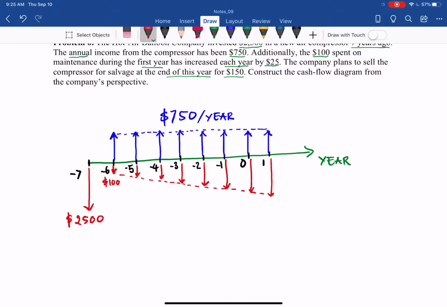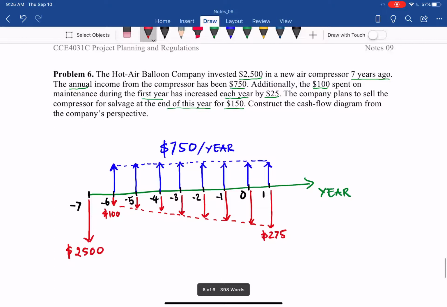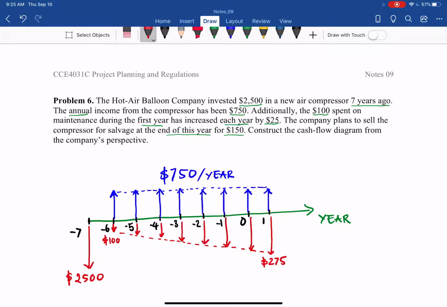That 275 is the maintenance spent for the current year, realized at the end of that year. And then they plan to sell at the end of this year. The salvage value is 150, so we have an extra amount here, 150 for the salvage value at the end of this year, which is at time 1.